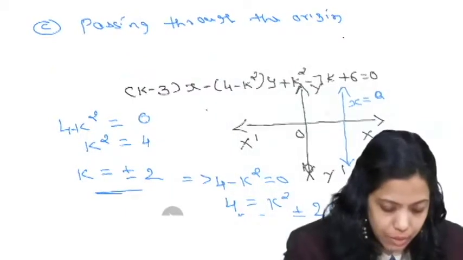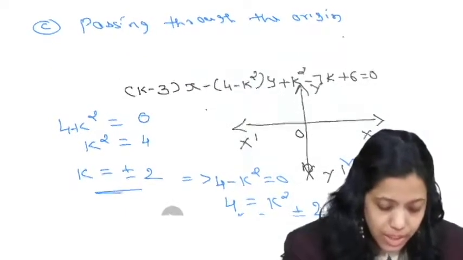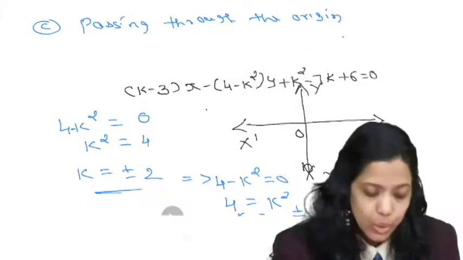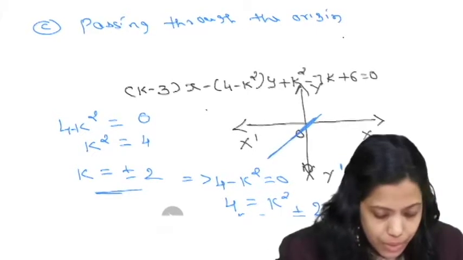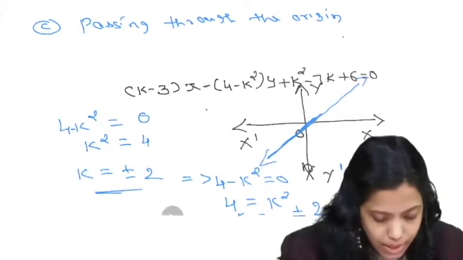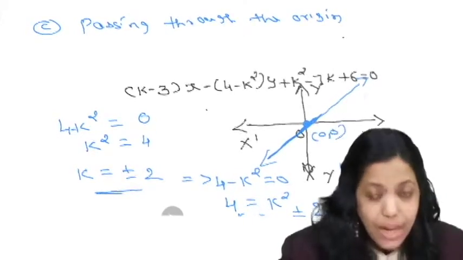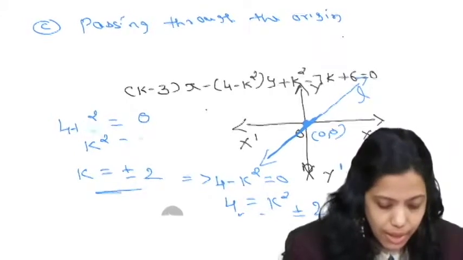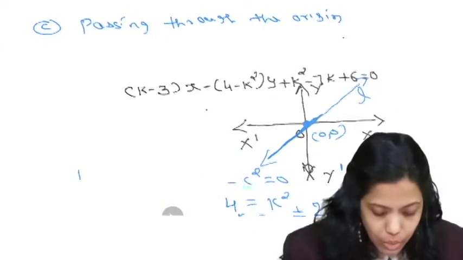Here when we consider a line which passes through the origin, it is of the form ax plus by equal to 0. That means the constant value is 0, since the line passes through the origin, that is 0, 0. So the equation of the line which passes through the origin is ax plus by equal to 0.